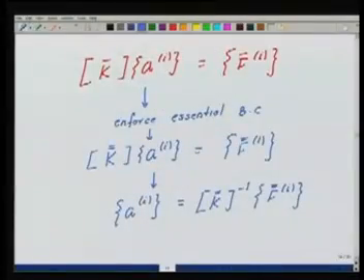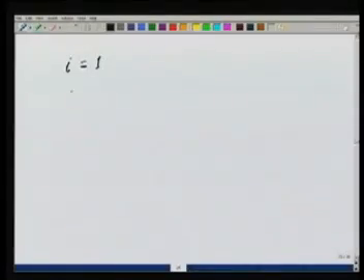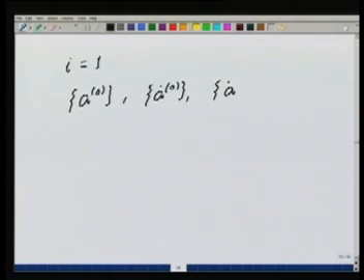Now you see there is a small problem here. When I am talking of station 1, when I is equal to 1, I need to know, I assume that I know a at 0, a dot at 0 and a double dot at 0.